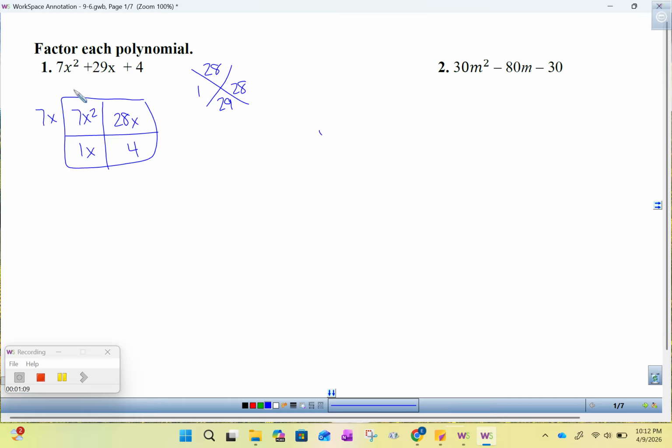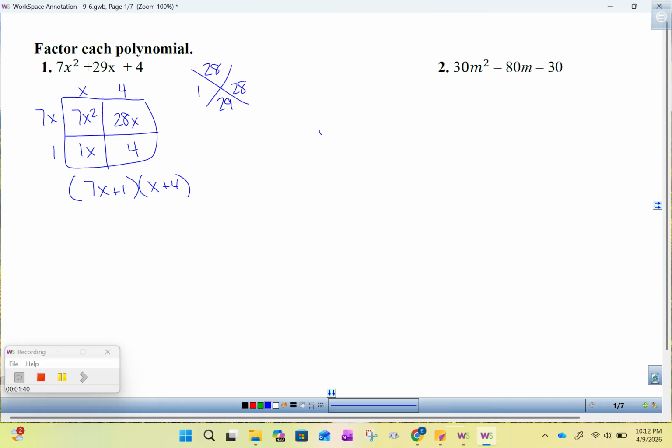Then I can work my way around the box using that GCF, or I can use the multiplication patterns that I see. 7x times x gets me to 7x squared. 7x times 4 gets me to 28x. Similarly, x times 1 gets me to 1x, and 4 times 1 gets me to 4. So my factored form of this is 7x plus 1 times x plus 4.